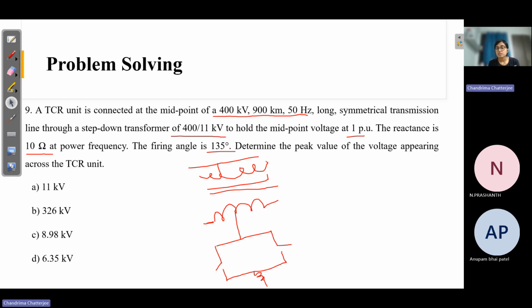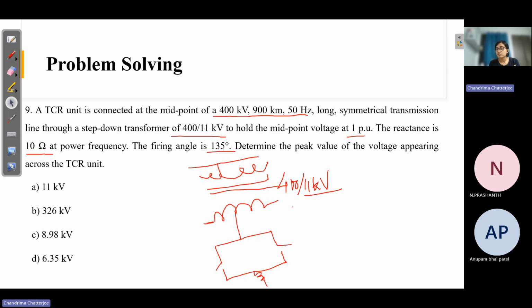That's what they have given. The step down transformer is 400 by 11. This is stepping the voltage down to 11 kV. Then what is the peak voltage that appears across the TCR unit? Now suppose this 11 kV is the line to line voltage.